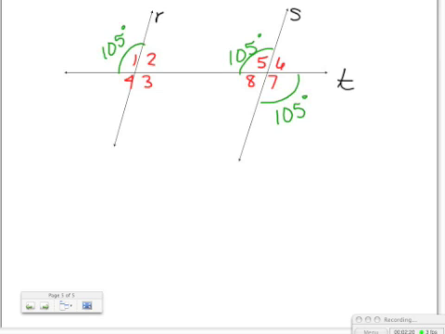Number 6 says solve for x. If the measure of angle 2 is 70 degrees, and the measure of angle 8 is 6x minus 2.